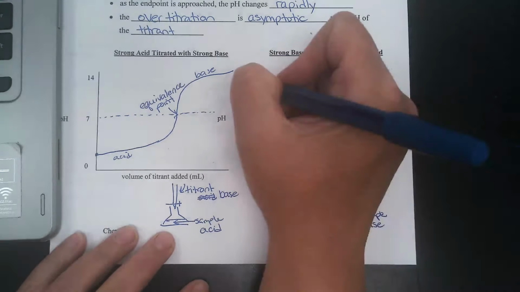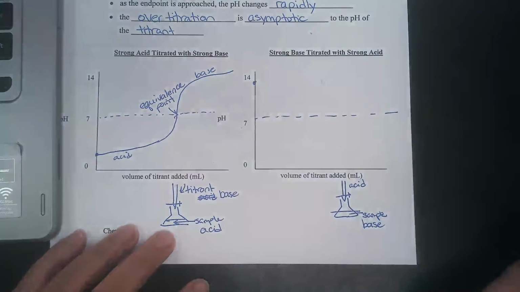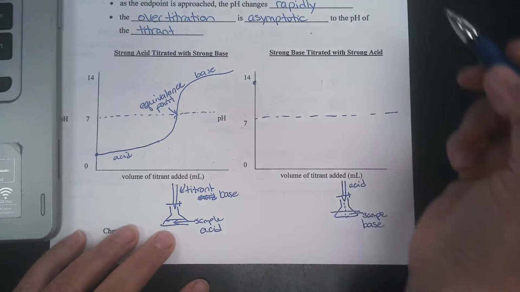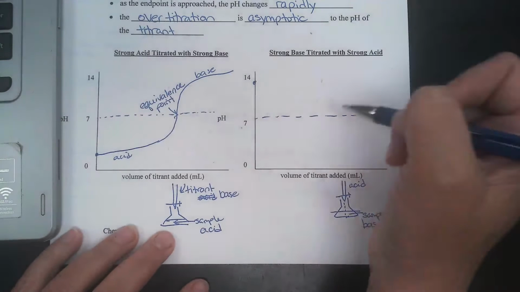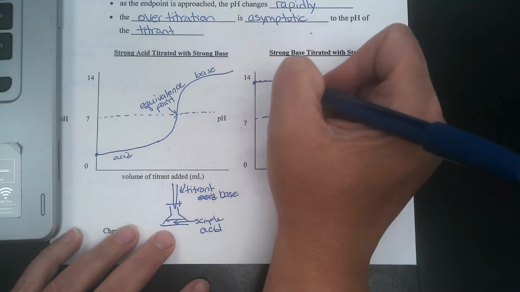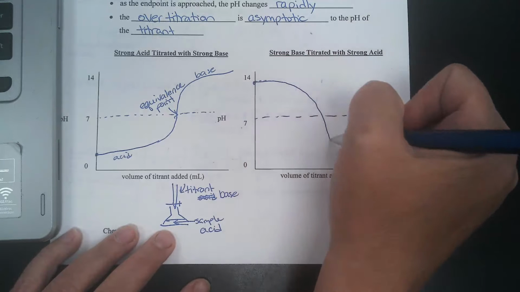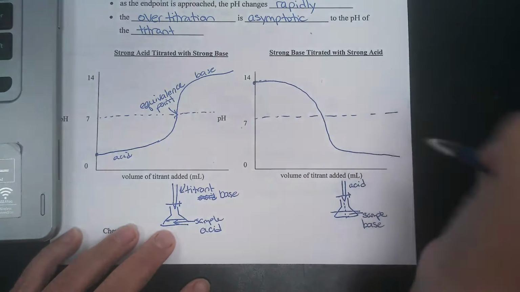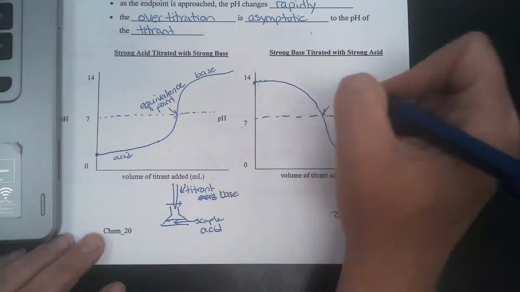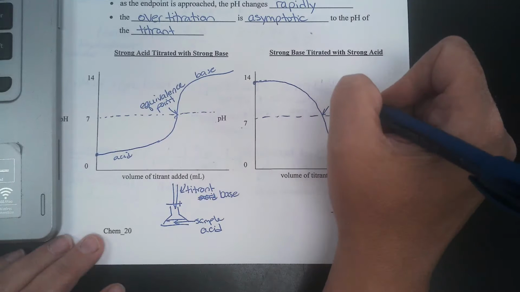My pH is going to start here, a strong base. Then I'm going to slowly add acid into my sample, and I'm going to see this. And then a rapid change, and then a gradual tailing off. And again, this is my equivalence point.